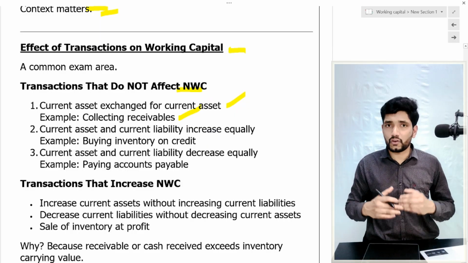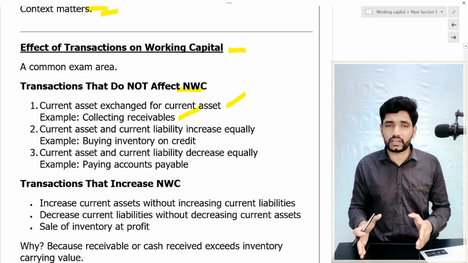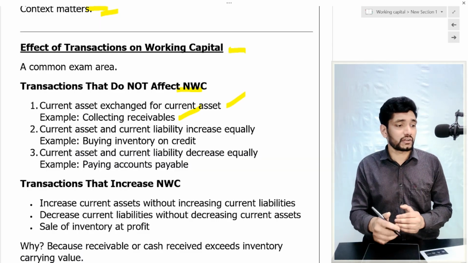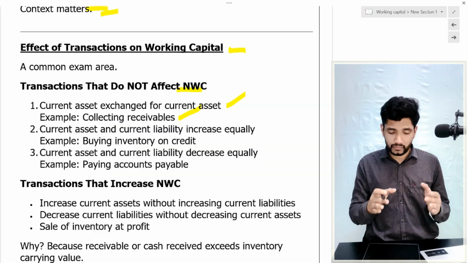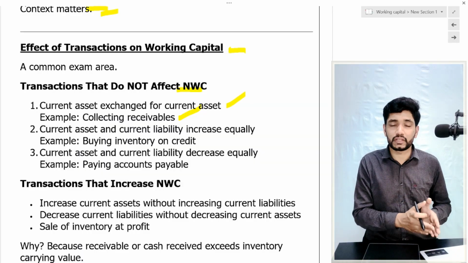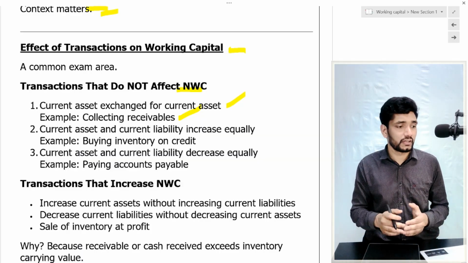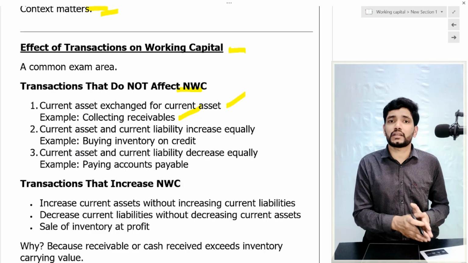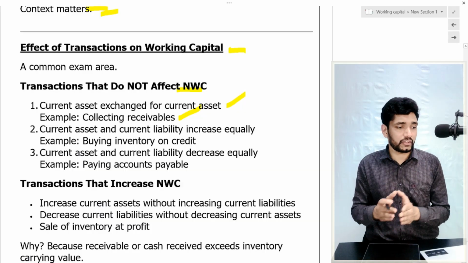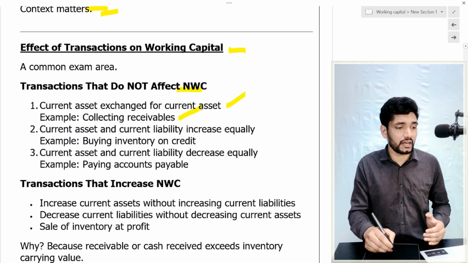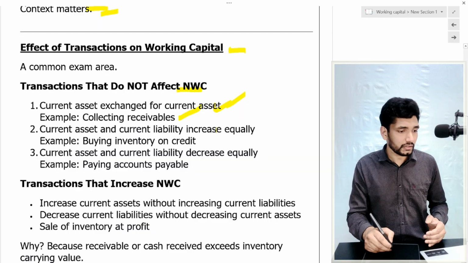In this case, there is no net effect on the net working capital because it is impacted only within the current assets. The amount is moved from the receivable to cash. So the exchange of one current asset for another current asset does not affect the net working capital.